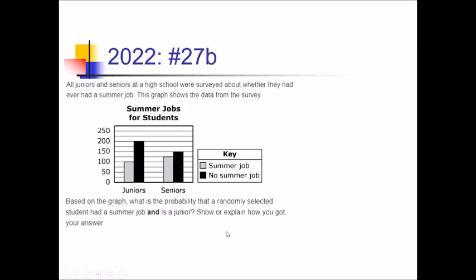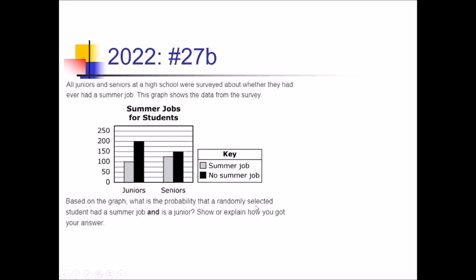For this part of the problem, we want the probability that a randomly selected student had a summer job and is a junior, and show or explain how we got the answer. So in general, for our numerator and denominator, we want the summer job juniors in the numerator, and we're going to be dividing that by the total students.